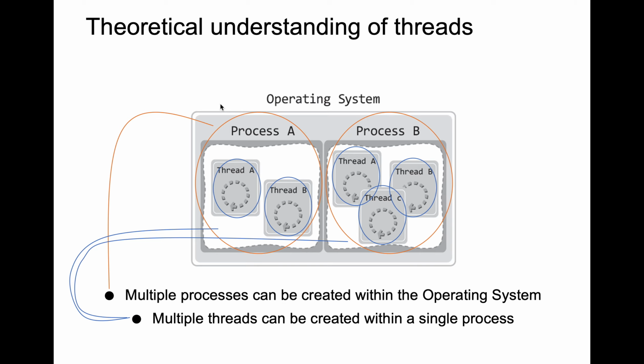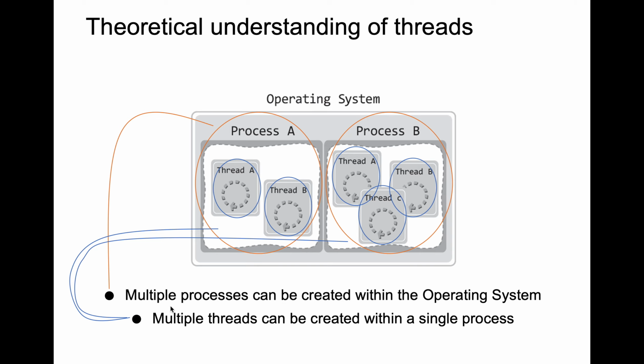So let's see how it looks from an operating system view. Whenever you're creating multiple processes, what you're saying to the operating system is: make one more process and run these instructions in it. And from the operating system's perspective, that process will be created as another block.